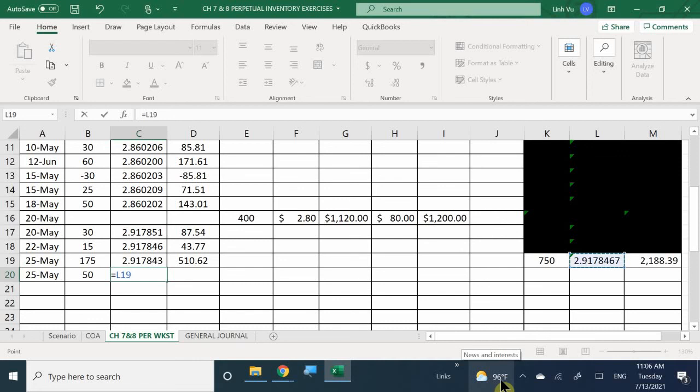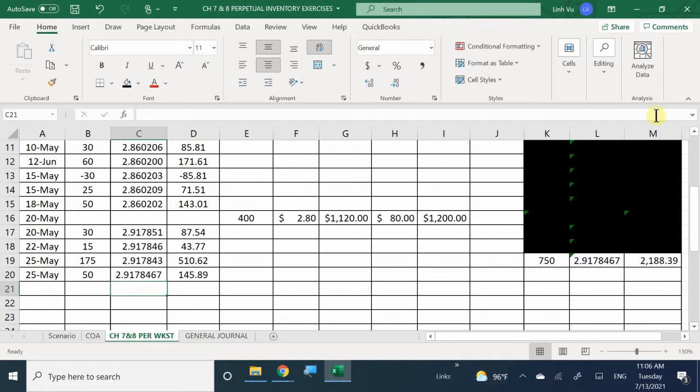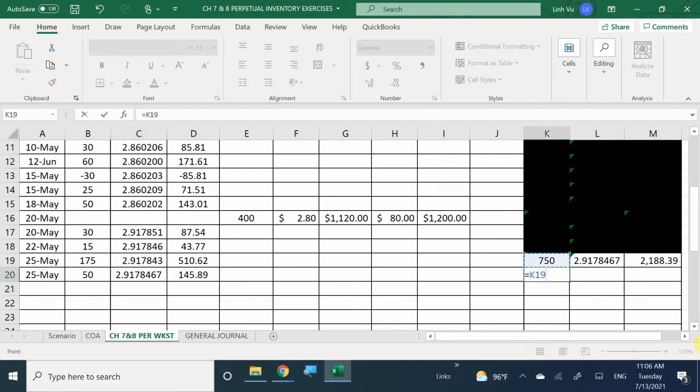So what's my total cost of goods sold? 145.89. Okay. So once again, we need to update our inventory.